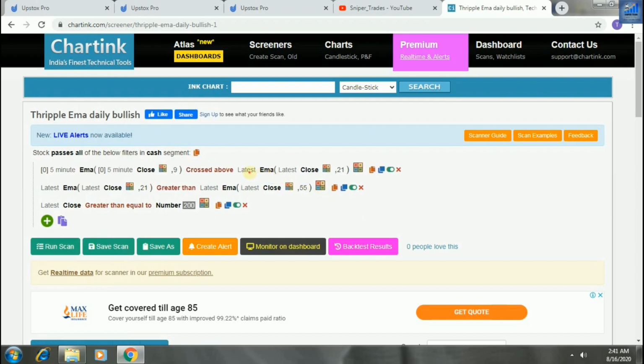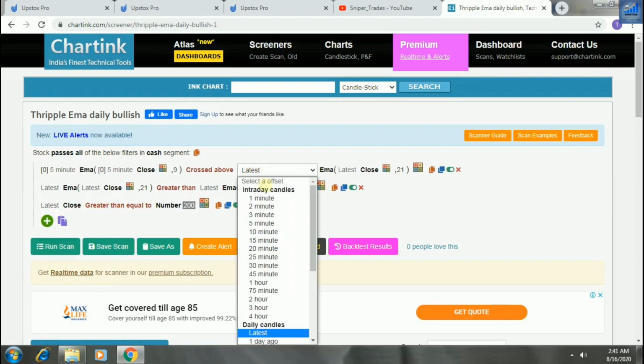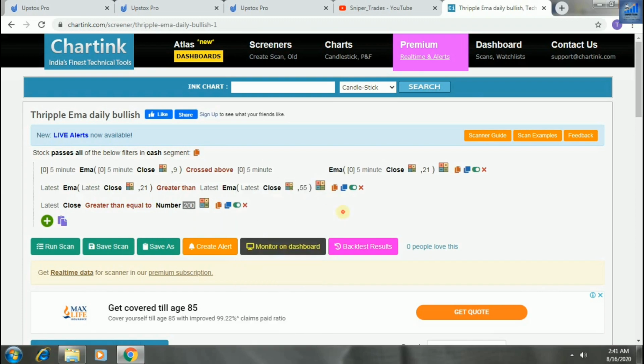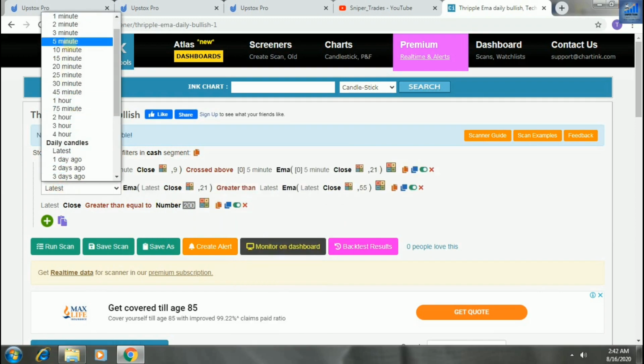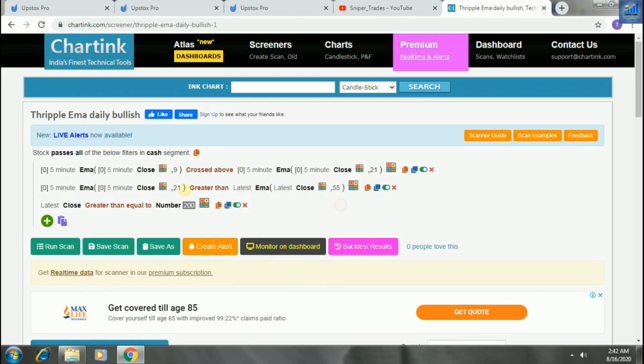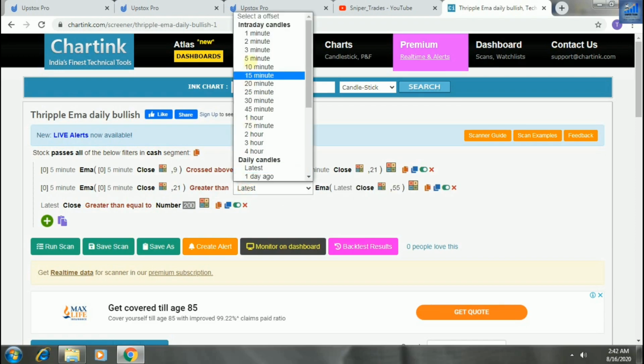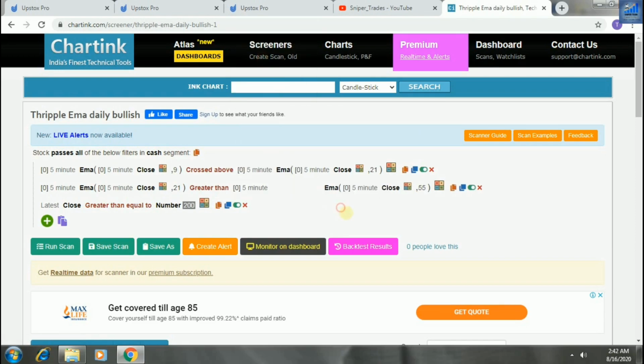Likewise change here also. The outer time frame is to be changed. The inner one, see here, this time frame will automatically change when we change the outer time frame. Just click 5 minute here and the inner time frame will automatically be changed.